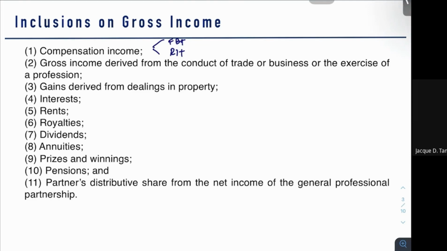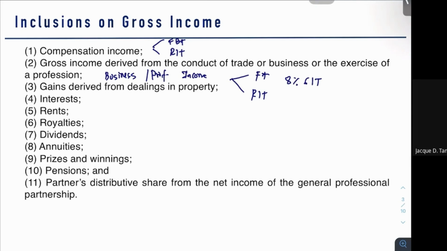You know this one as your business or professional income, which may be subject to final tax or regular income tax. If subject to final tax, it is subject to 8% gross income tax. If RIT, then subject to your tax table.